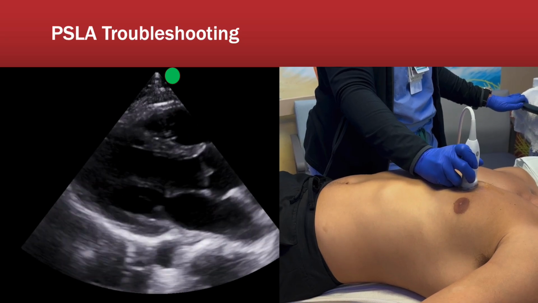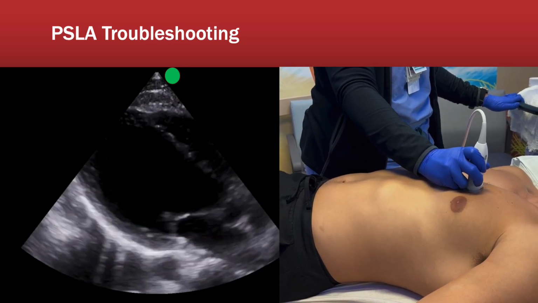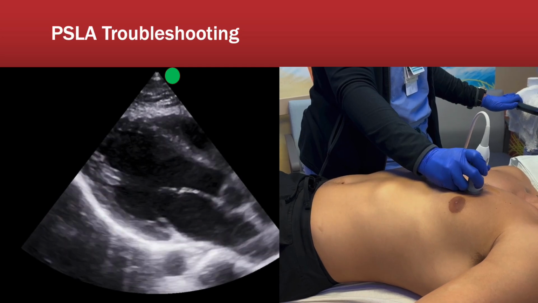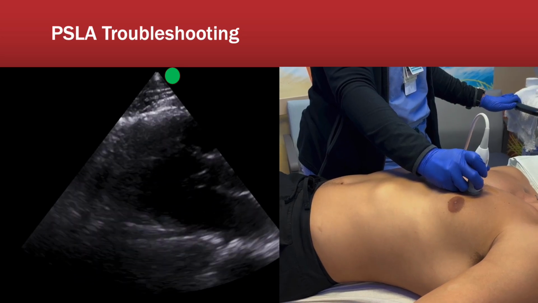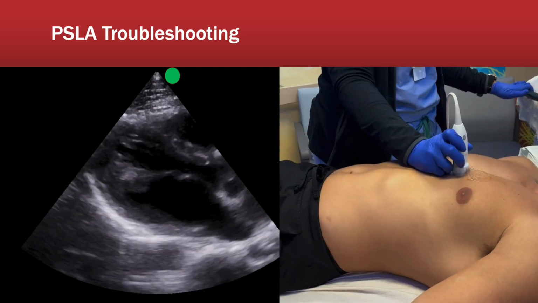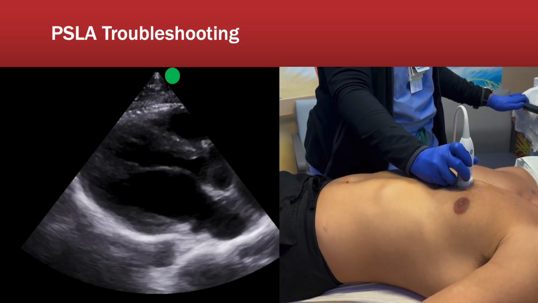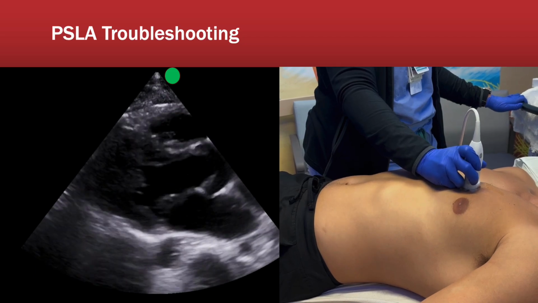And this should help bring that heart into a more horizontal plane. And once you get to that position, depending on the patient, you might have to do some slight fanning like I just did here by tilting the tail of the probe towards the left shoulder of the patient.